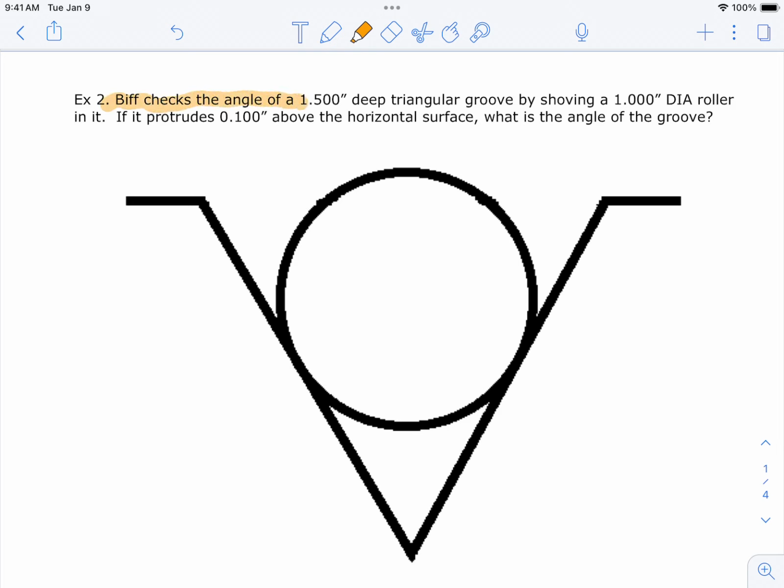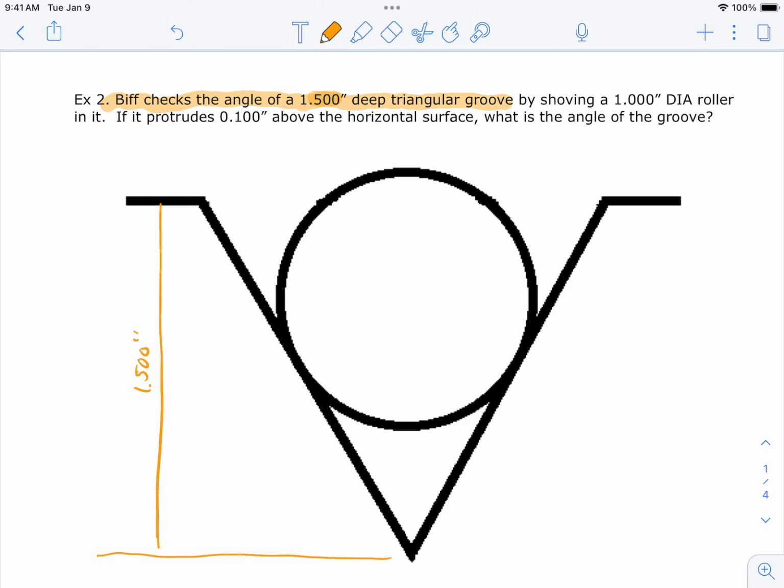It's kind of a machinist problem, maybe. Biff checks the angle of a 1.5-inch deep triangular groove. Now, sometimes when I'm doing these problems, I like to label stuff as I go. So this is 1.5-inch deep, so I presume they're talking about this distance here, from the top of the groove to the bottom of the groove, 1.500 inches.